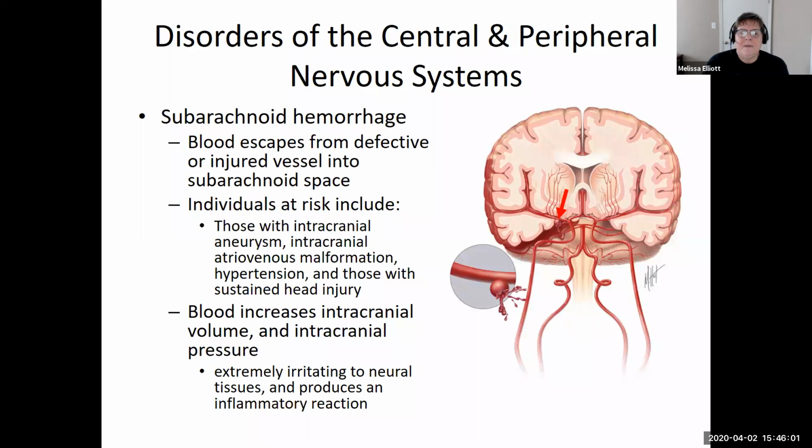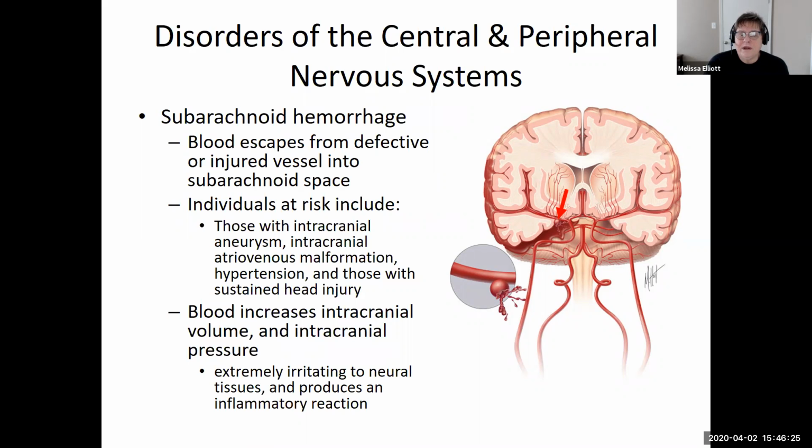space. Individuals that are most at risk are going to be those with intracranial aneurysms as well as intracranial arteriovenous malformations. Those with hypertension, the extra pressure on the vasculature of the brain can actually lead to vessel rupture. And those that have sustained brain injury or head injury.